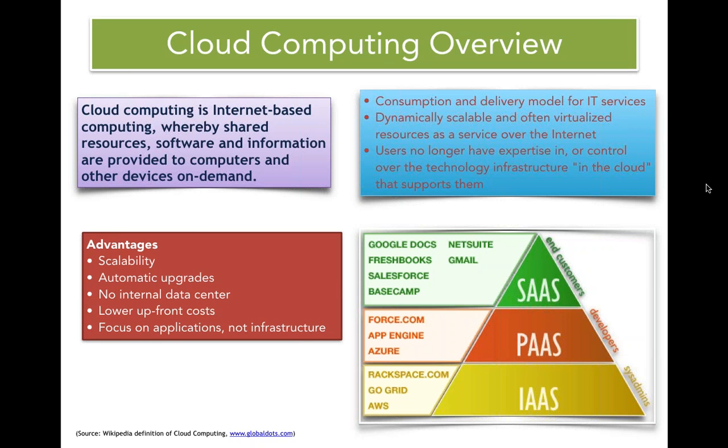My definition of cloud computing is: cloud is nothing but a cluster of networks where we can implement a computing model. That particular computing model can comprise three different types. One is infrastructure as a service, called IaaS; platform as a service, called PaaS; and software as a service, called SaaS.